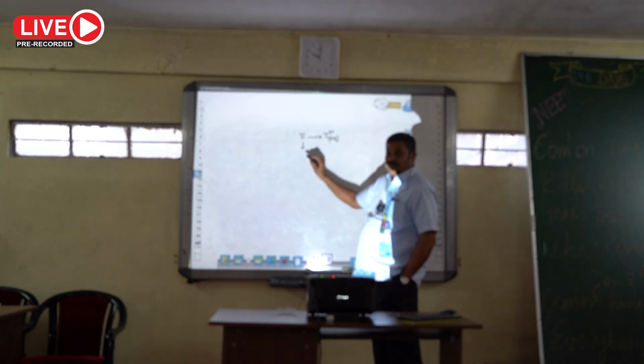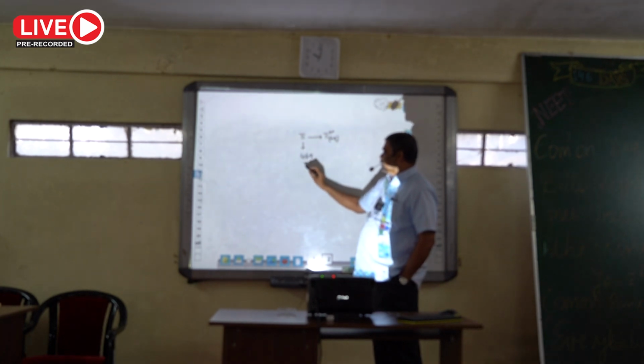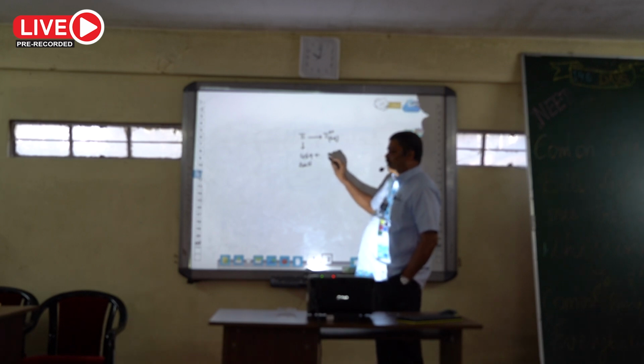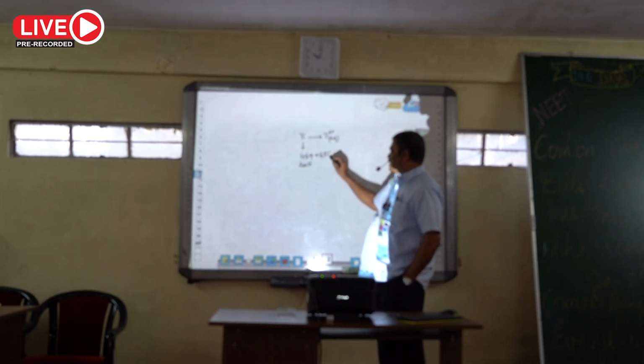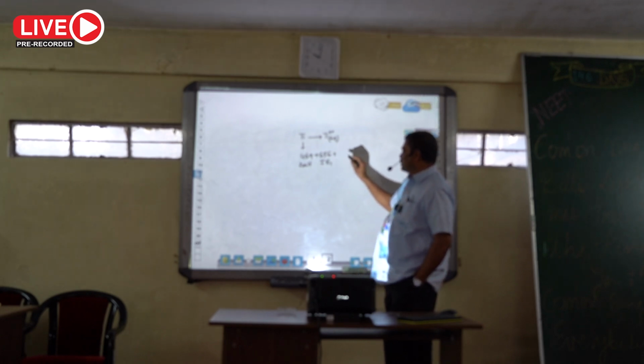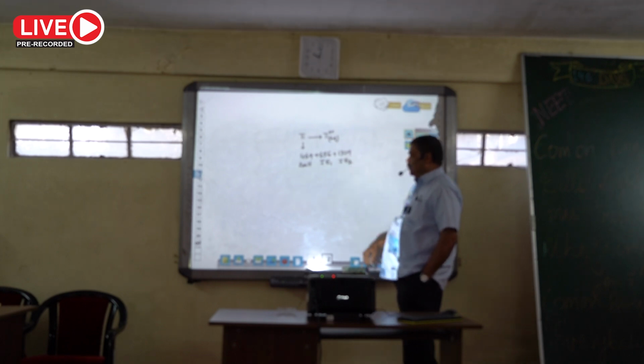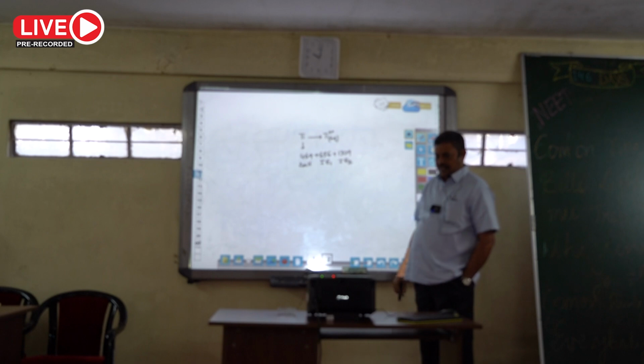First column. 469. So 469 is delta A H, plus what is IE1? 656. This is IE1. What is IE2? 1309. This is IE2. All these are endothermic, that's why we are giving positive signs.